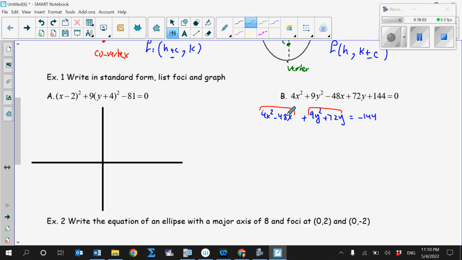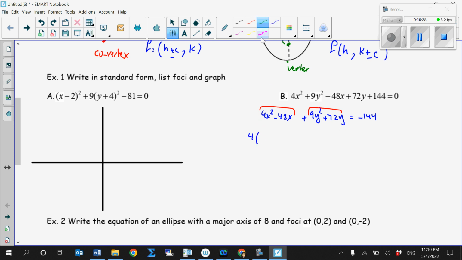Now we are going to change these expressions into perfect squares. How? By finding the missing term. But before that, we need to have the x squared or the y squared with coefficient of 1. That means we want to get rid of this 4. How? By factoring the 4 out.